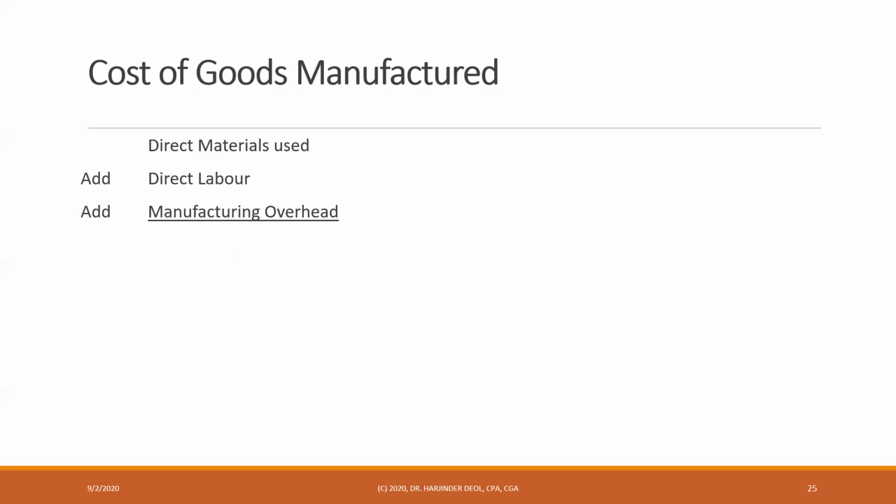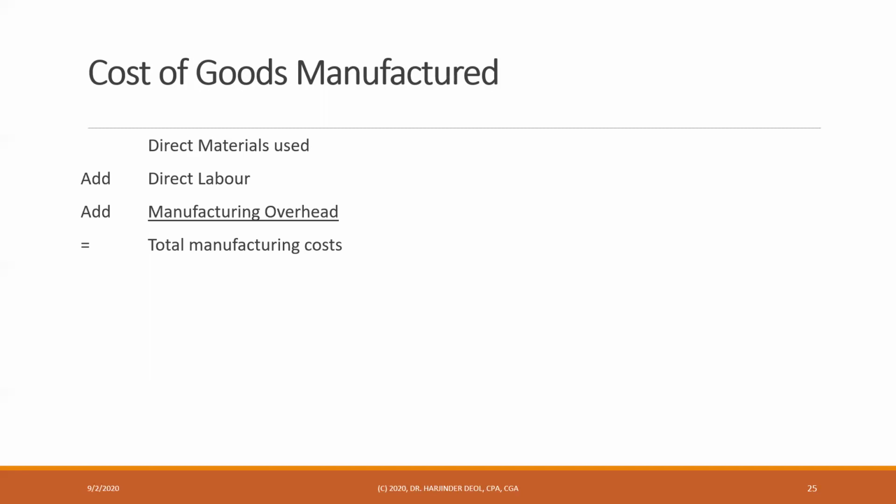The cost of goods manufactured is always calculated for a period of time. Could be a month, a quarter, or a year, depending on the size and sophistication of the company. These 3 amounts, direct materials, direct labor, and manufacturing overhead, added together represent total manufacturing costs.